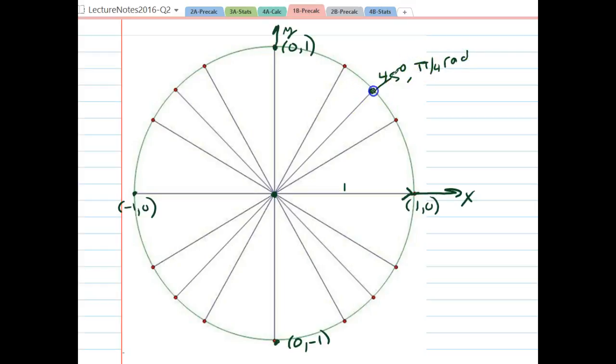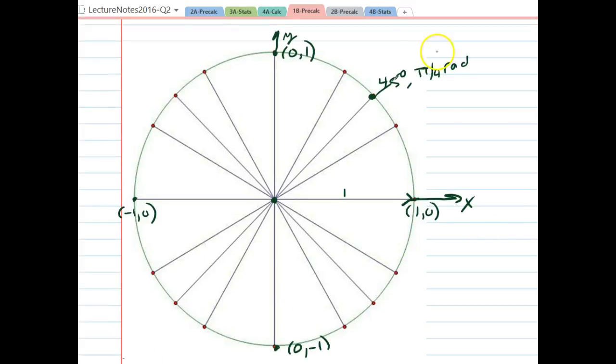And that ordered pair that we have right there is going to be determined by the fact that I have a right triangle whose hypotenuse is length 1, and with the 45-degree angle right here, the x-coordinate up here, if this is length 1, is going to be square root of 2 over 2, comma, square root of 2 over 2. That's the ordered pair right there.